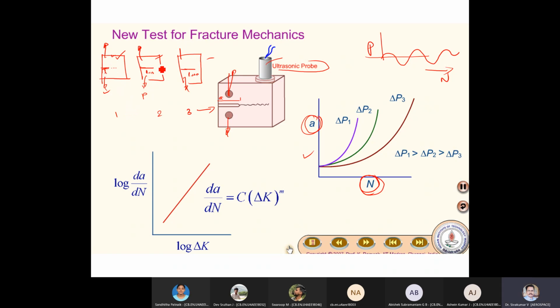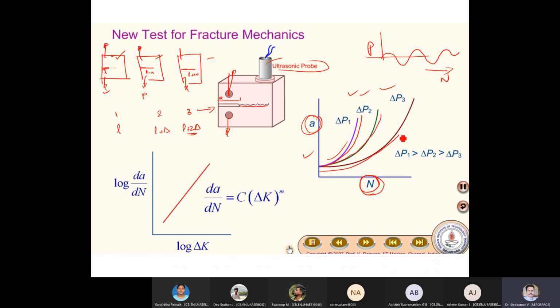But the crack length here is L, here L plus del, here L plus 2 del. Only the length is more. If that is the case, once you study the crack increment for these three cases, it looks like this. The crack will grow.